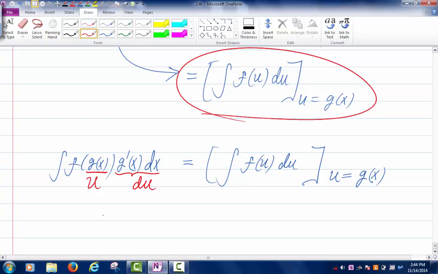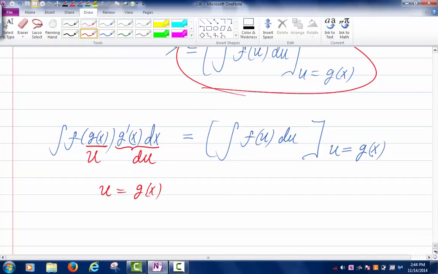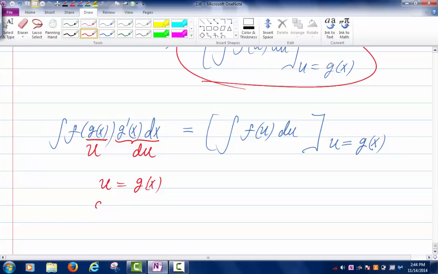So basically remember, what is that u and du? Well, that's pretty much our notational tool, differentials, right? So if I pick u to be g of x, then du is g prime of x dx, right?